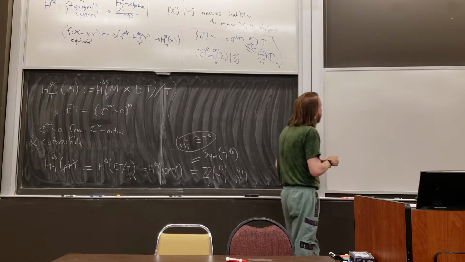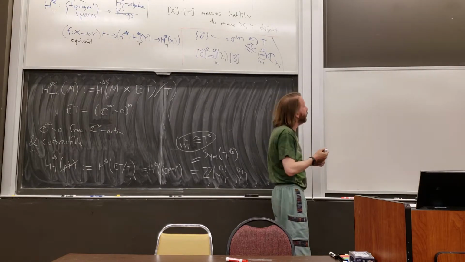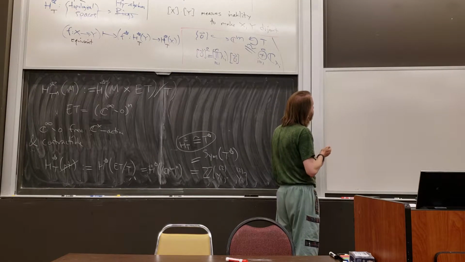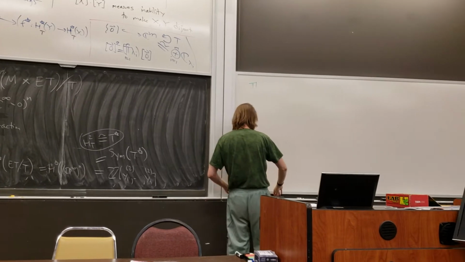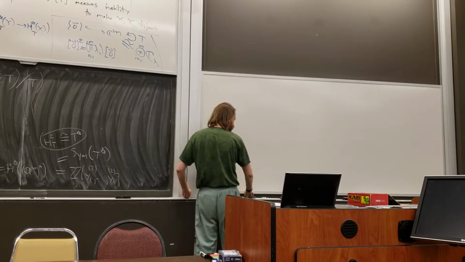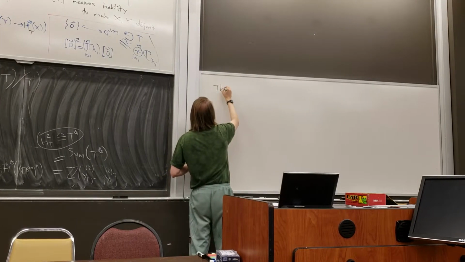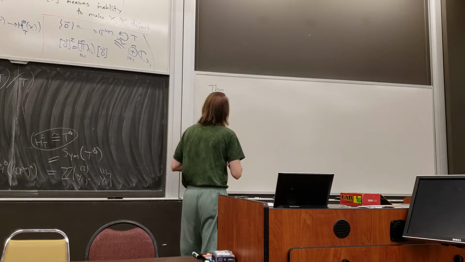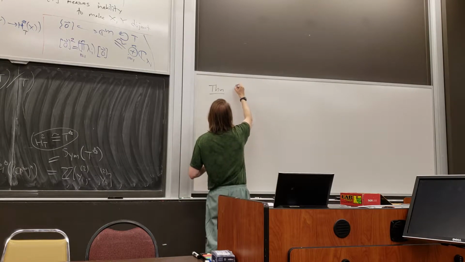So I want to show you how to draw pictures to do calculations in equivariant cohomology. And I'm going to need two results. One is this theorem, and let me attribute it to Kirwan.